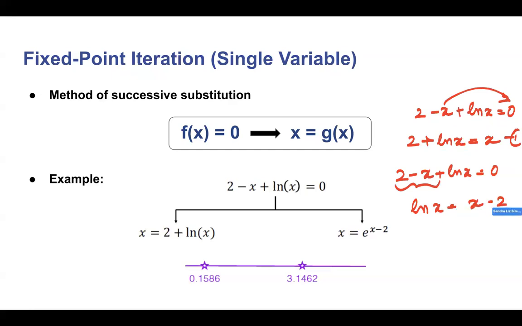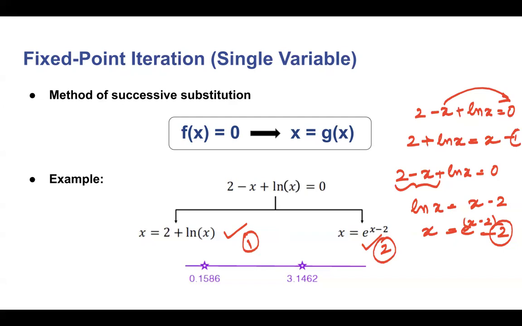Now I take the exponential: x is equal to e raised to x minus 2. This is the second way of writing. So this is the first equation and this is the second equation. Is it clear how I got the two equations?